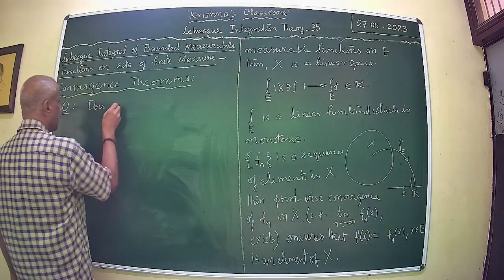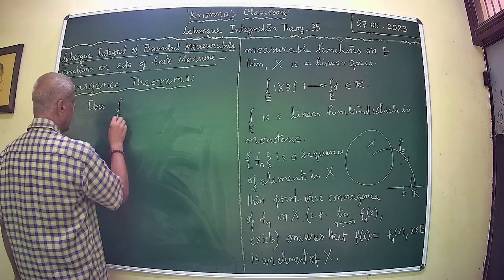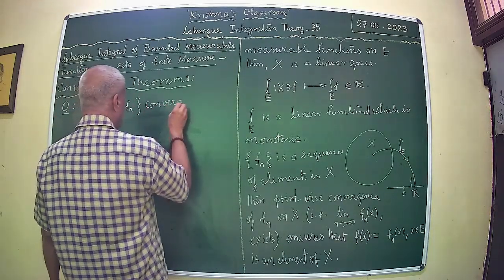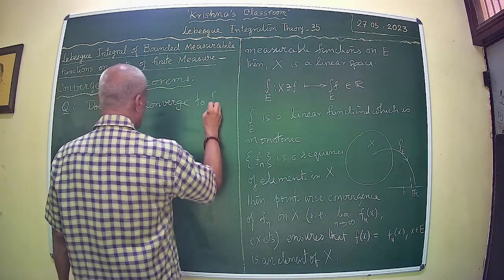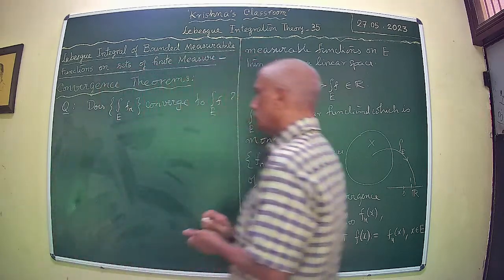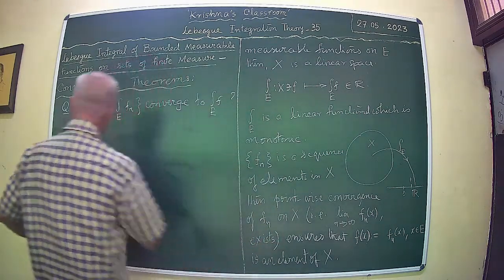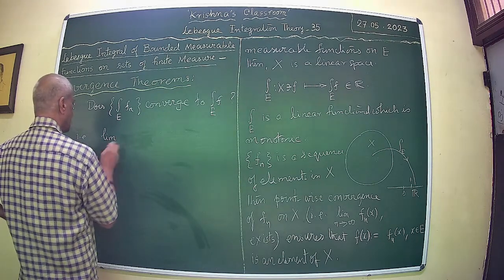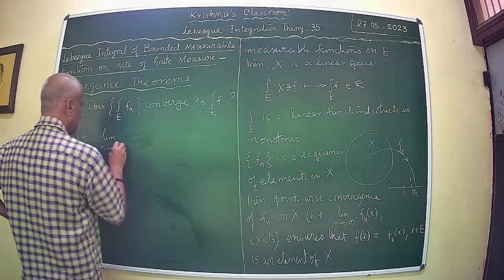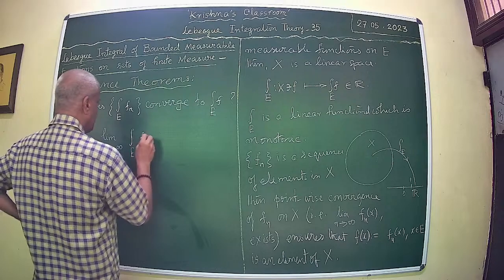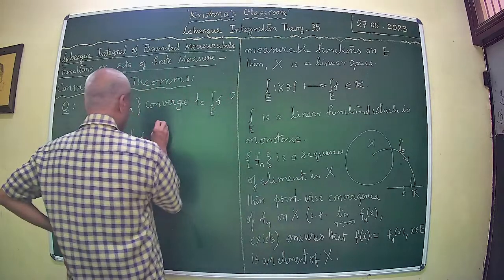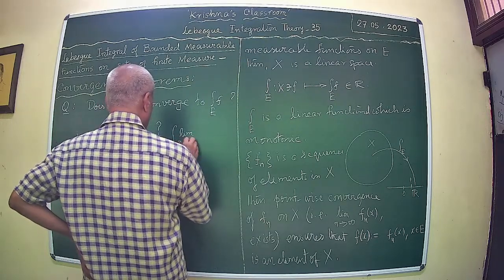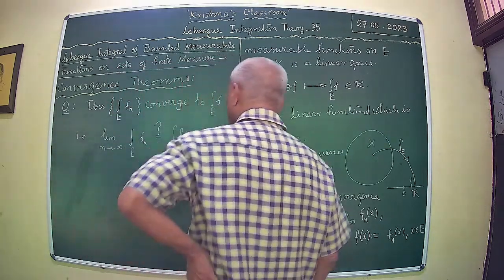Does integral over E of the limit equal the limit? Now this amounts to the following: the limit as n tends to infinity of integral over E of Fn, is this equal to integral over E of the limit F?